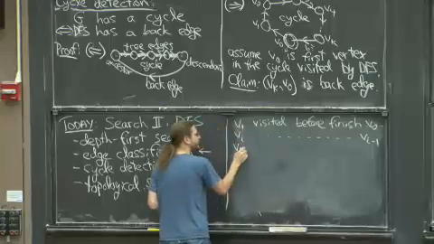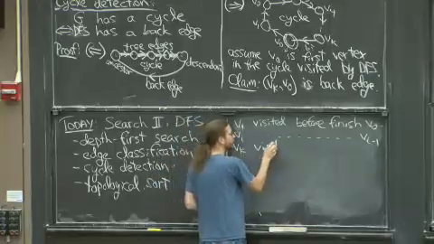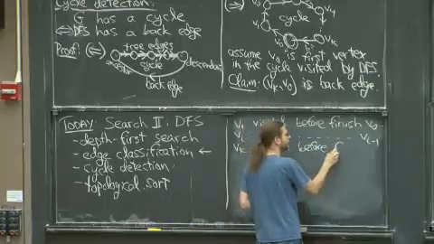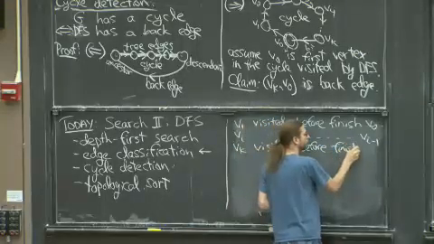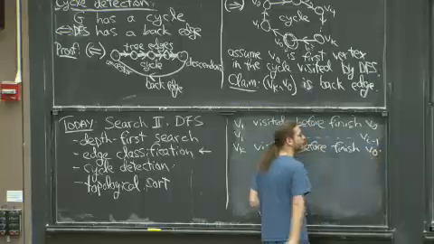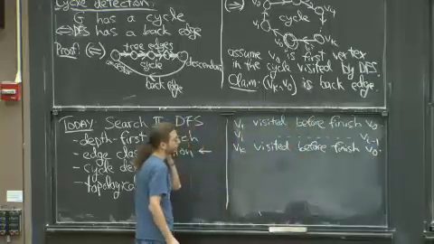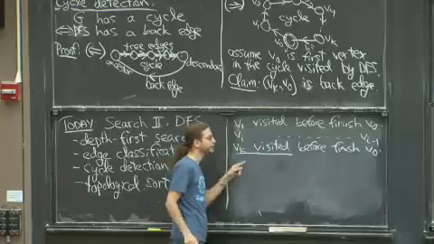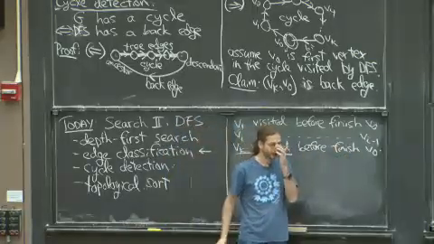But in particular, what we care about is that vk is visited before we finish v0. And it will be entirely visited. We will finish visiting vk before we finish visiting v0.